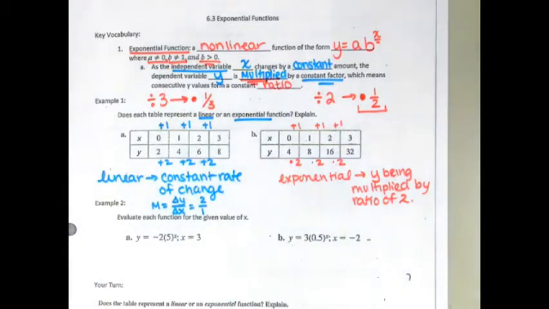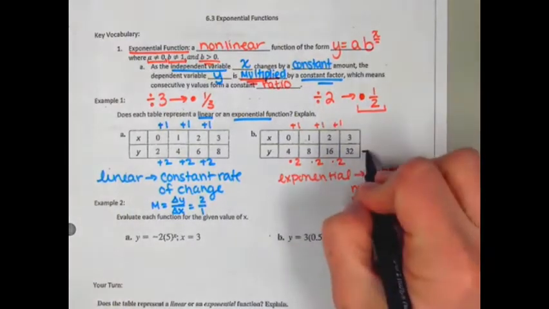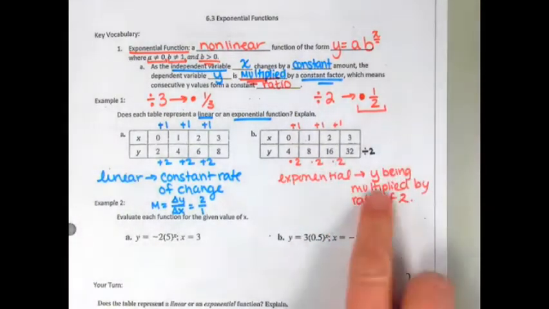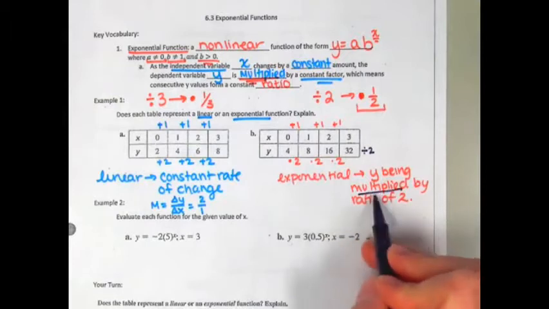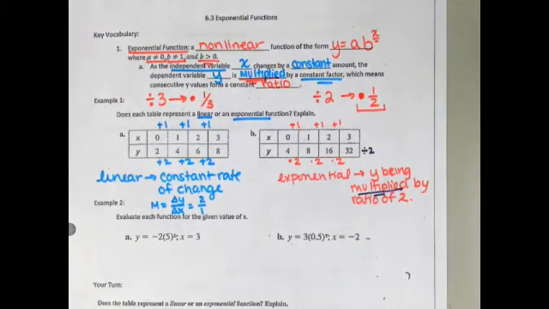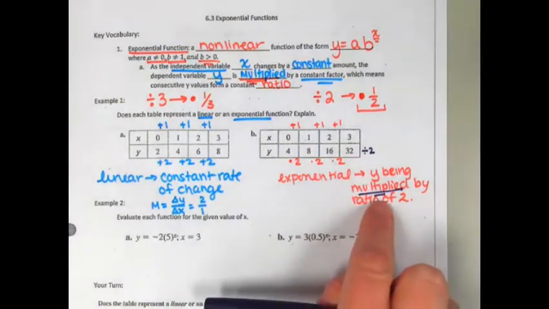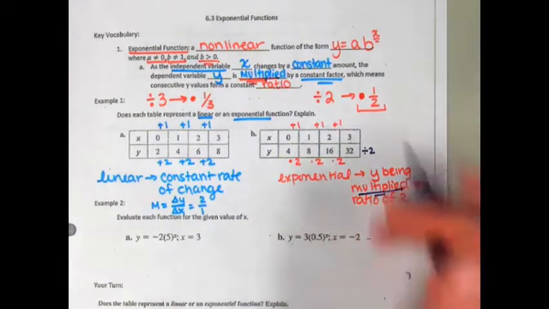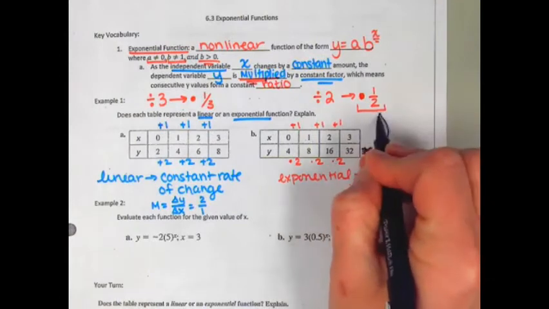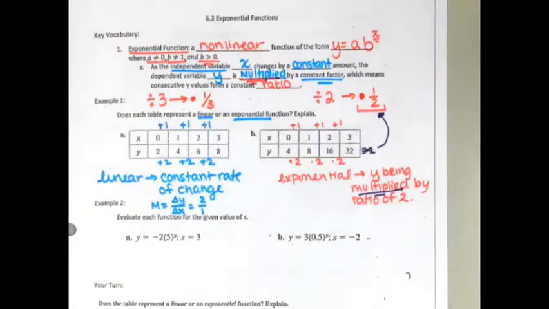Now, however, you have to remember, if this was going down and it was dividing by 2, when we say exponential, it's being multiplied by 1/2, right? We always have to change it to multiplication, not division, okay?